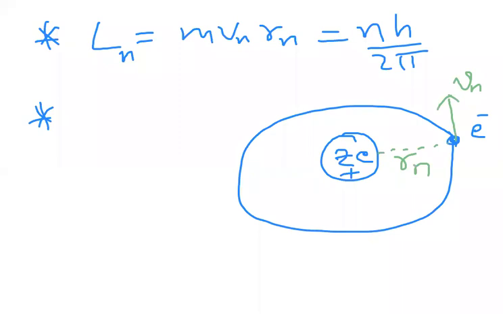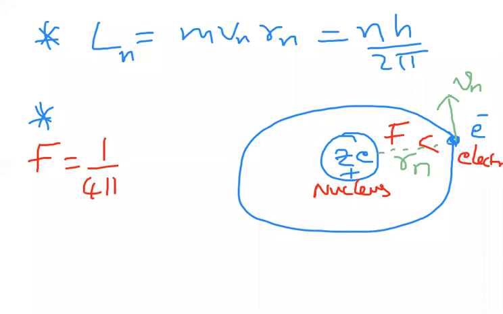So what they are saying here is that the electron is revolving around the nucleus. The nucleus is positively charged, so the negatively charged electron is attracted toward the center, and the force of attraction is F. What is the force between two charges? Here the center one is the nucleus and this is the electron. From electrostatics, the force between two charges is F equal to 1 by 4 pi epsilon naught Q1 Q2 by R square.